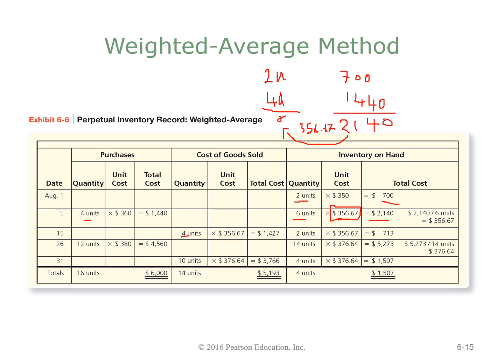So whenever we sell later, I'm going to use that cost. The remaining is 2 units, because I sold only 4 out of 6, which leaves 2. It will be multiplied by 356.67. Okay, then we purchase another 12 units. So now we have 2 units and 12 units.